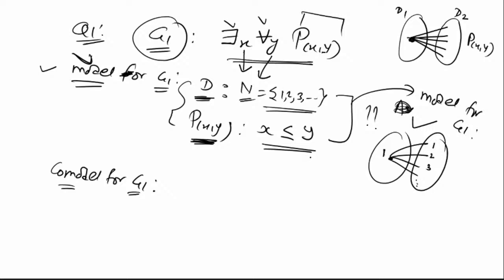Now let's find a co-model for G1. Can anyone suggest a co-model for G1? Remember the definition of co-model. A co-model is an environment in which this formula G1 will become false.